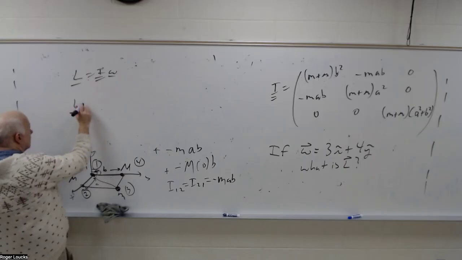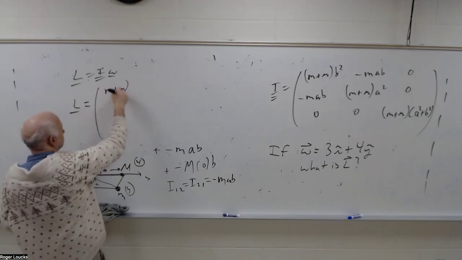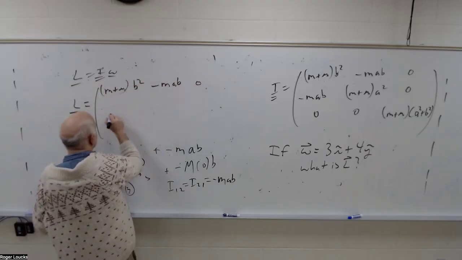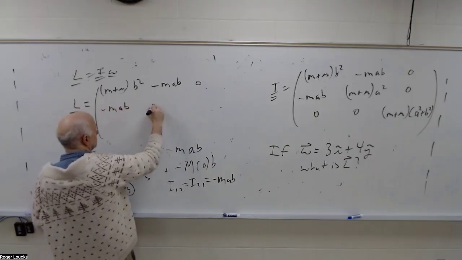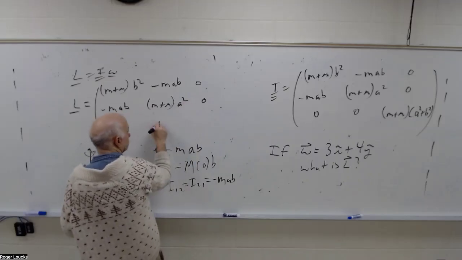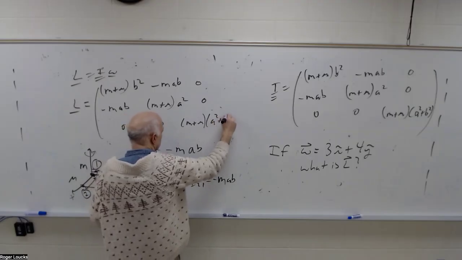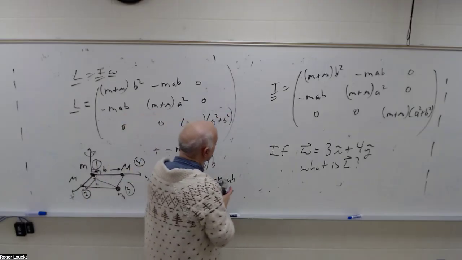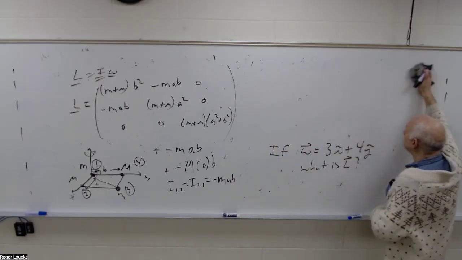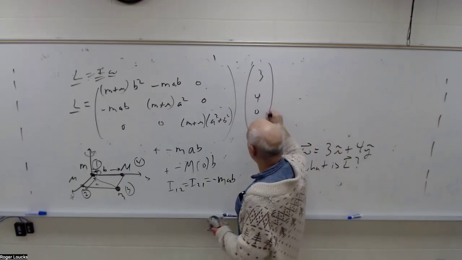So what do I have? What did I put down for omega? 3, 4, and 0.